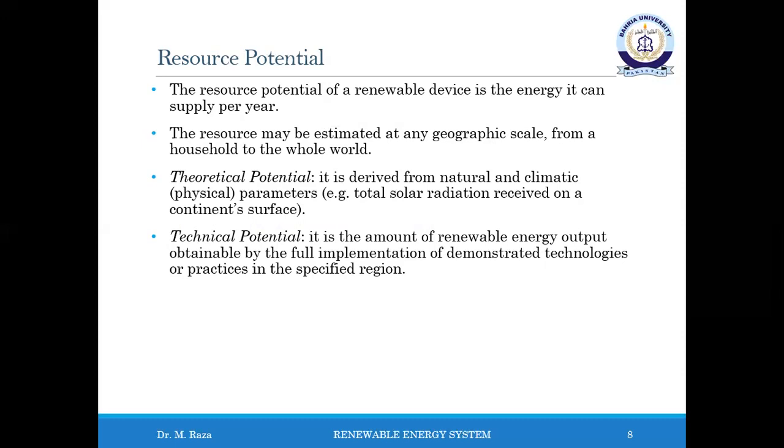From the technical potential, more practical estimates can be made, allowing for other constraints, for example, avoiding sites of scientific or ecological value, prioritizing biomass for food use ahead of its use for energy, and applying cost limits.